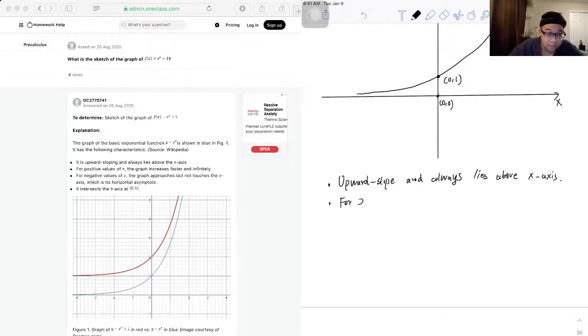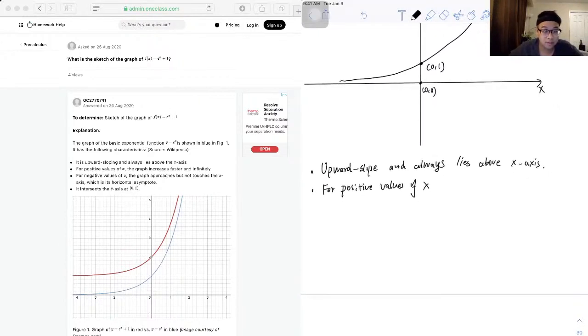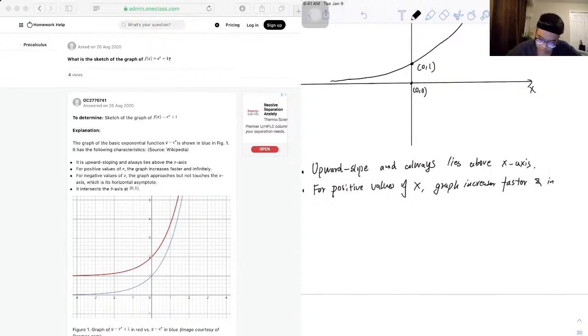for positive values of x, the graph increases faster and infinitely.